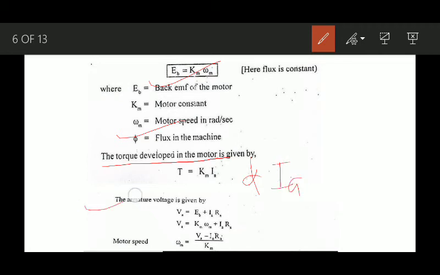The armature voltage is VA equals Eb plus IA into RA, where IA RA is the armature drop. So VA will be total Eb, that is K omega m, plus IA RA. So speed is proportional to VA minus IA RA. This voltage VA can be controlled by the rectifier converter, so we can control the speed of the DC machine.